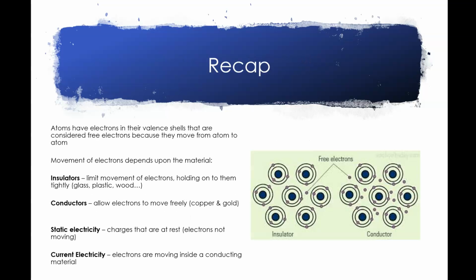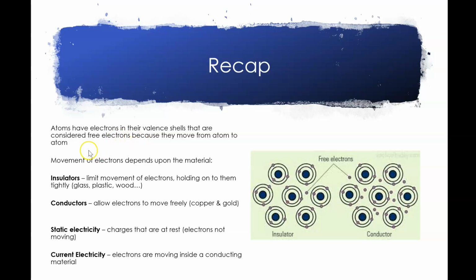So let's recap a little bit about what we know already, or hopefully what we know already. So we know that atoms have electrons in their valence shells. Okay, we know that. And these basically electrons are the ones that are involved in those chemical reactions. Okay, these are the electrons that can either be transferred or shared.